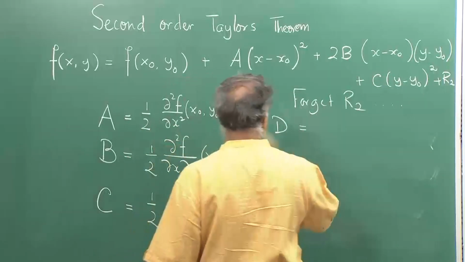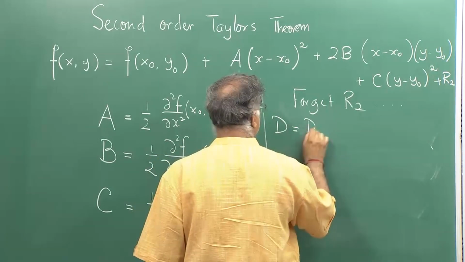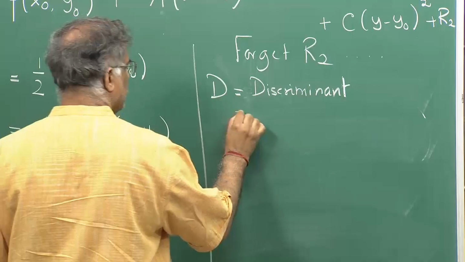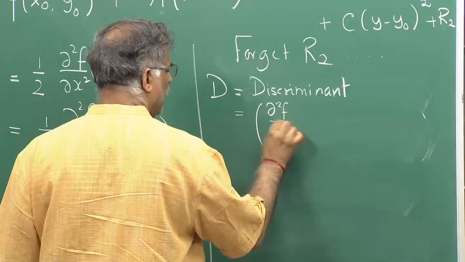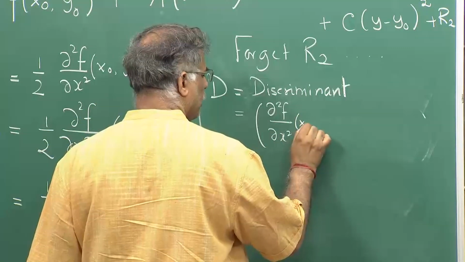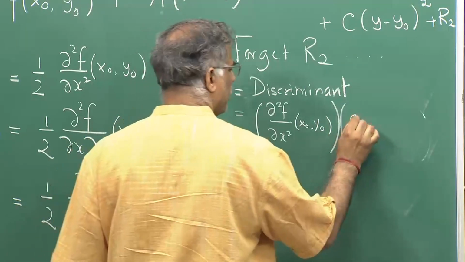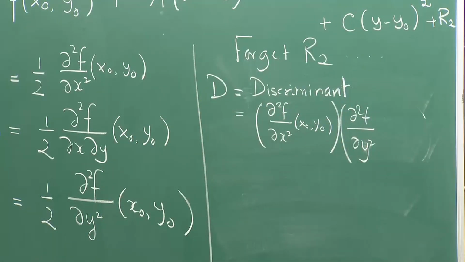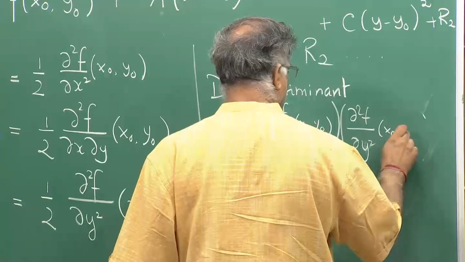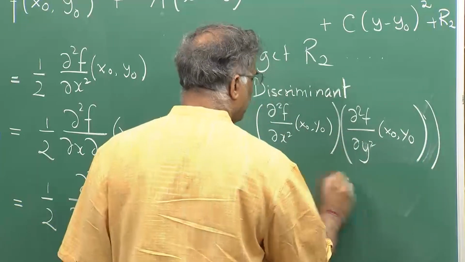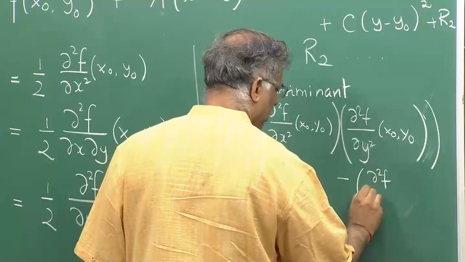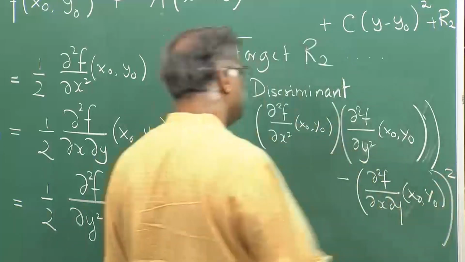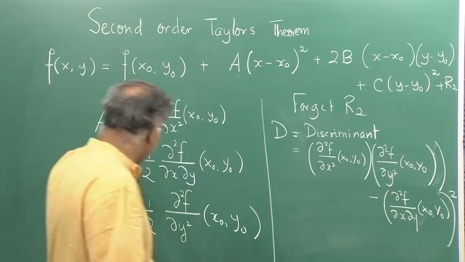So, what you have to do is write that this is called the discriminant, D, and that is nothing but AC minus B square, that is del 2f del x2 evaluated at x naught y naught, into del 2f del y2 evaluated at x naught y naught, minus del 2f del x del y evaluated at x naught y naught, this whole thing squared. So, this is called a discriminant, which you construct from this ABC.